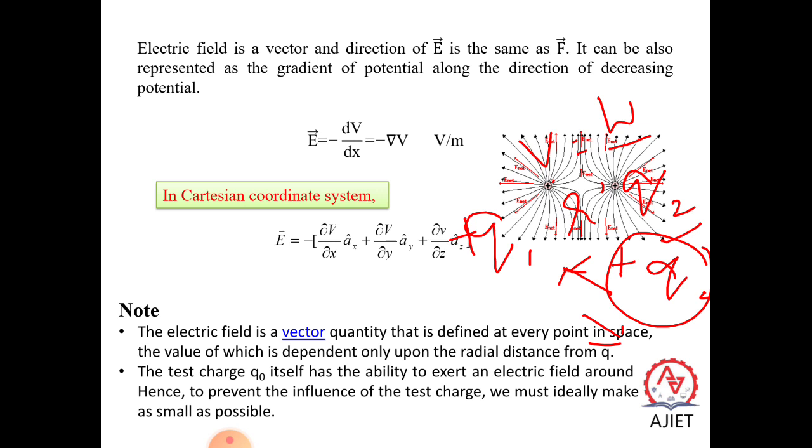Otherwise that effect will come into the picture. So when you take a test charge near the source charge, the effect should be very small, but the test charge should experience a force of repulsion or attraction. So this should be taken care of.